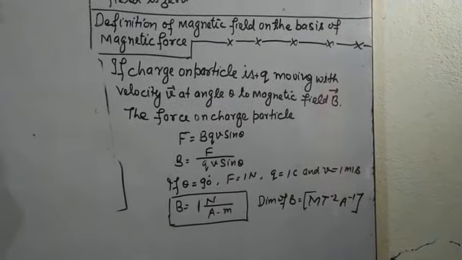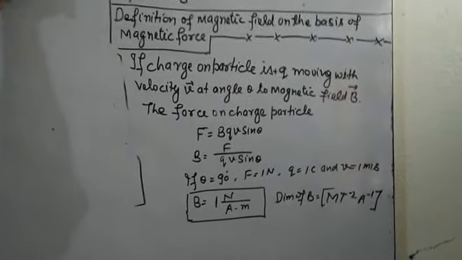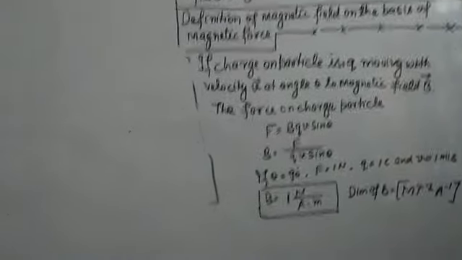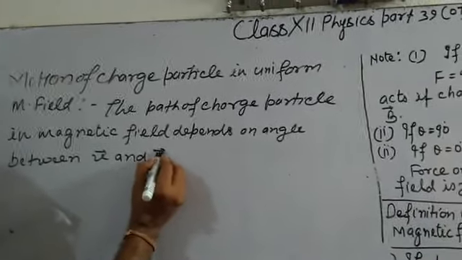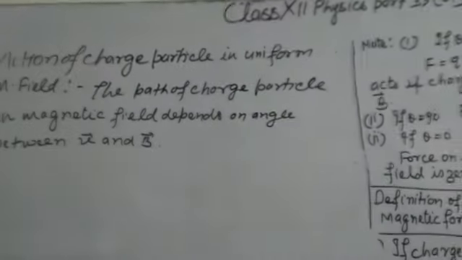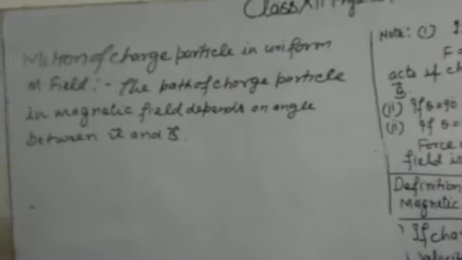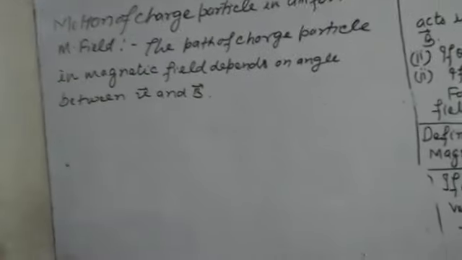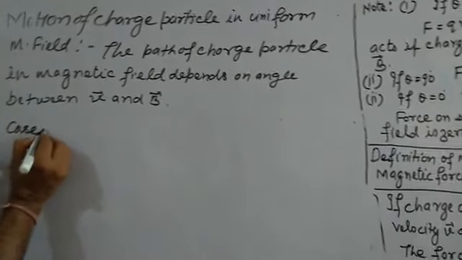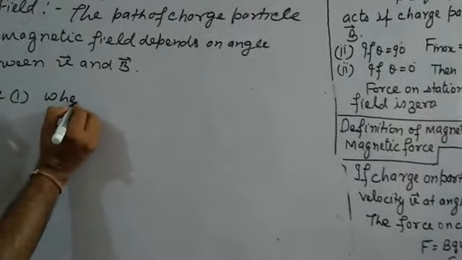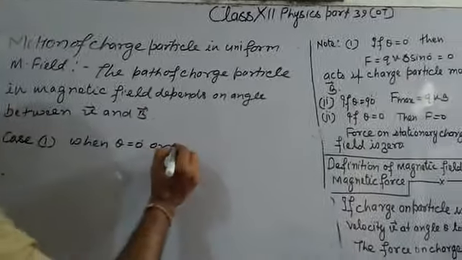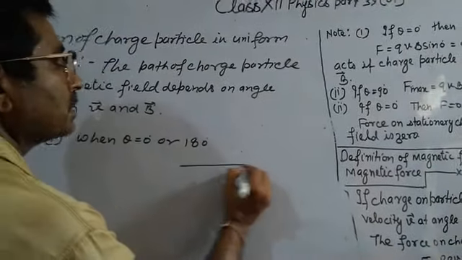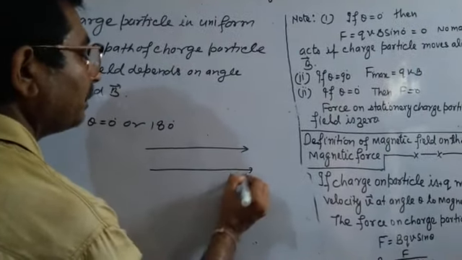depends on the angle between vector v and magnetic field vector B. First is when theta equal to 0 degree or 180 degree, in a uniform magnetic field.